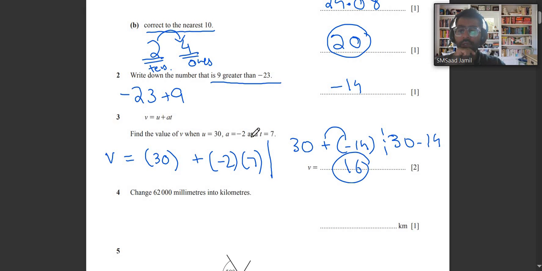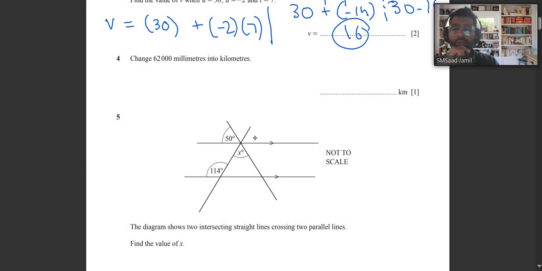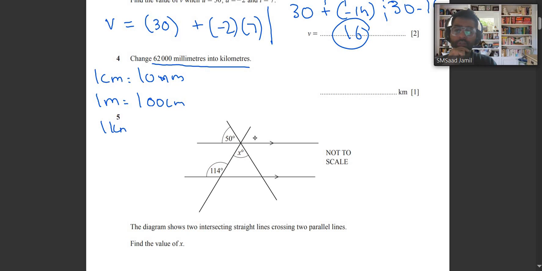Okay. In question 4 it says change 62,000 millimeters into kilometers. Look, first you guys need to understand that 1 centimeter is equals to 10 millimeter. 1 meter is equals to 100 centimeter. And 1 kilometer is equals to 1000 meters.